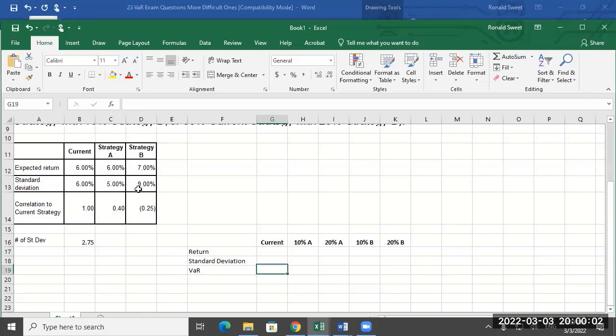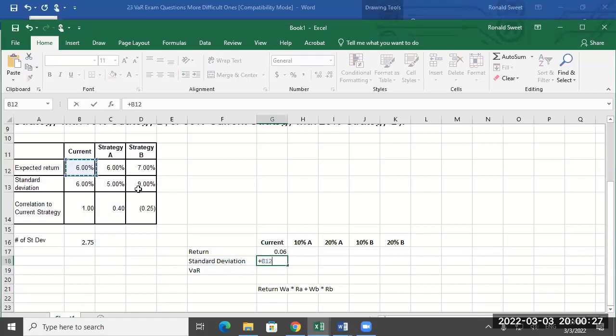All right, so what is the return? The return is the weight of A times the return of A plus the weight of B times the return of B. It's real simple. All right, so in the current, we're 100% A. So 6% times 100%. And our standard deviation is pretty easy.